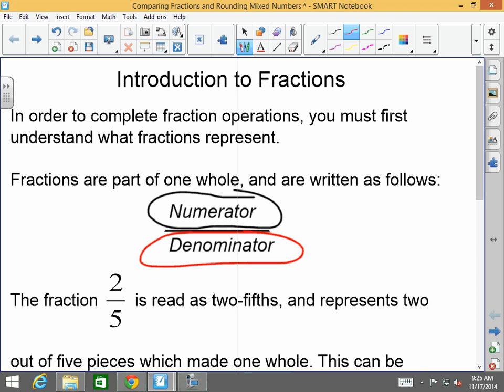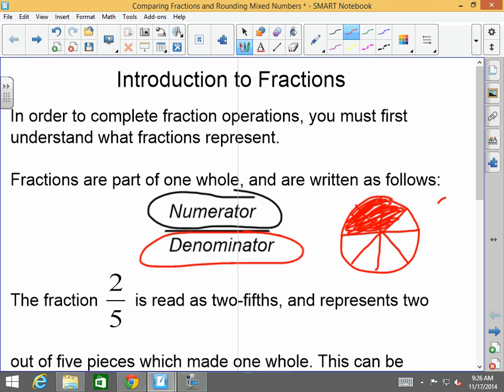I like to teach fractions using circles, kind of like a pizza pie or an apple pie. If I have a pie that's cut into 8 equal slices, and I eat 3 of these slices, I shade in these 3 slices.